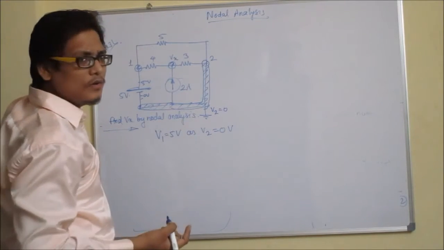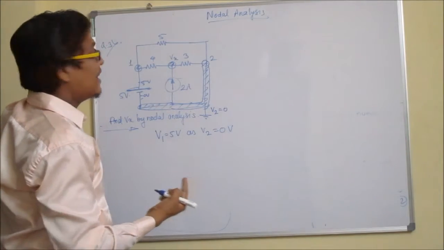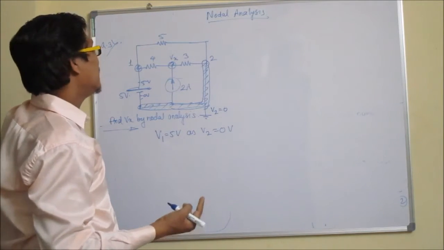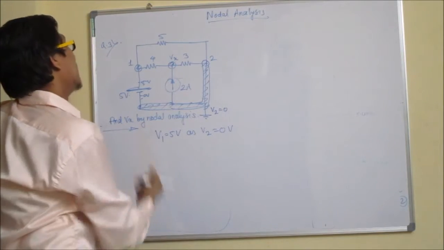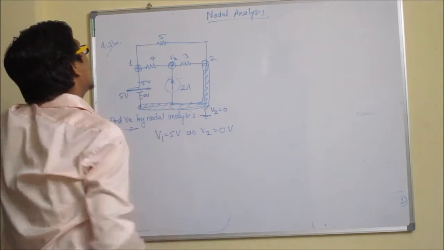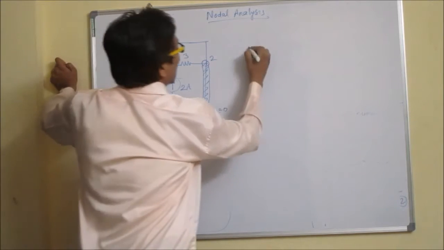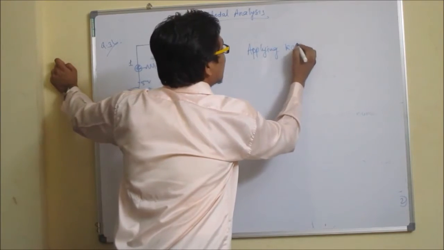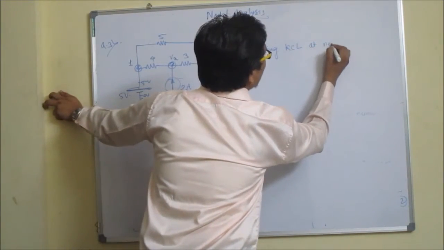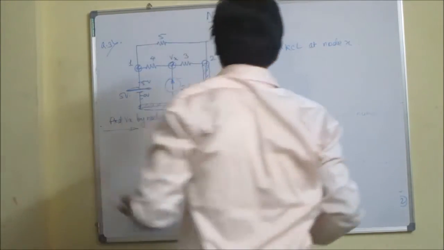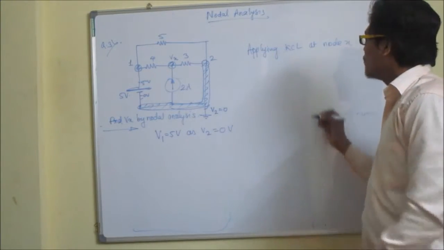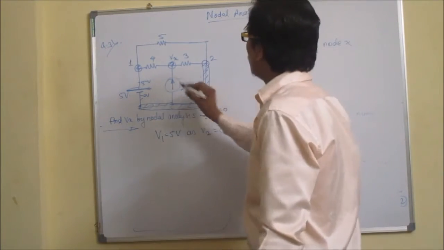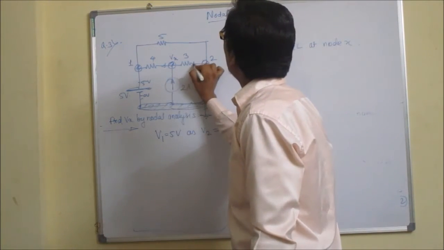So what is unknown? Only one element is unknown, that is Vx. Now how to find it? One element is unknown, therefore we will need only one equation to find it. We will apply KCL at node X. Applying KCL at node X. So now see, we will assume Vx is the greatest, and we will assume that all the currents are coming out.